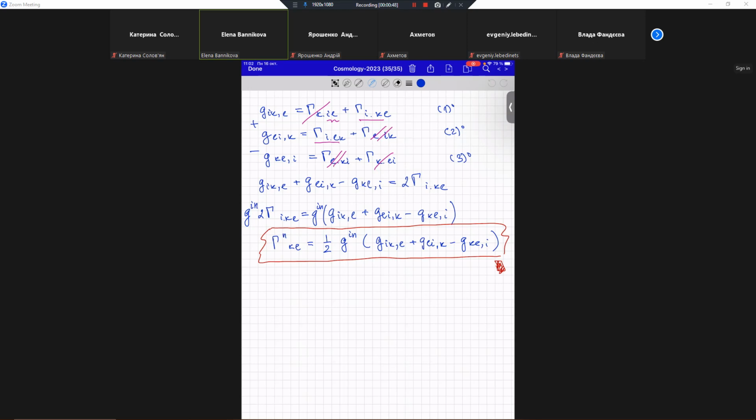As a result, we obtained some new object, which we call Christoffel symbols, and which depend on the metric tensor of the space. Finally, we obtain this expression.